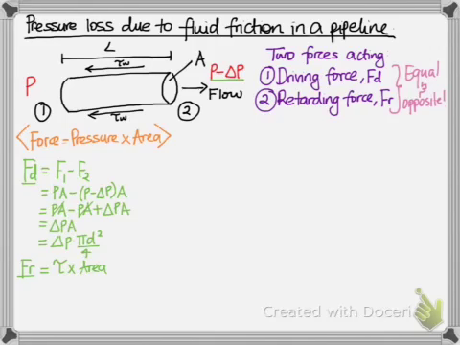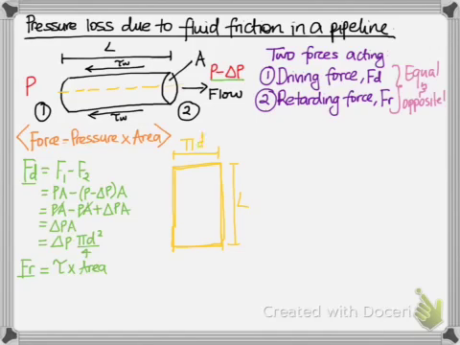Let's imagine we cut this pipe open and we stretch it out totally. We would have a rectangle kind of like that. This would be the length L, but this width here would be equal to the circumference of the circle, which is equal to pi d.